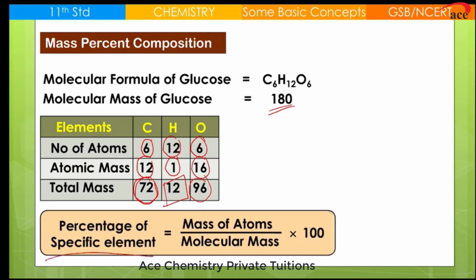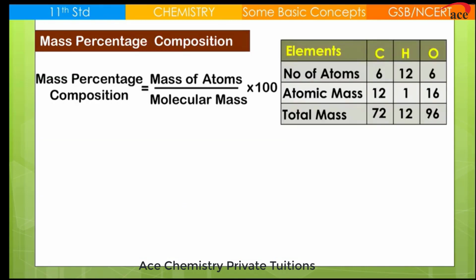So how to calculate percentage of a specific element? Mass of the atoms of that element divided by total mass, that's molecular mass, multiplied by 100. So the percentage of carbon will be 72 divided by 180 multiplied by 100.